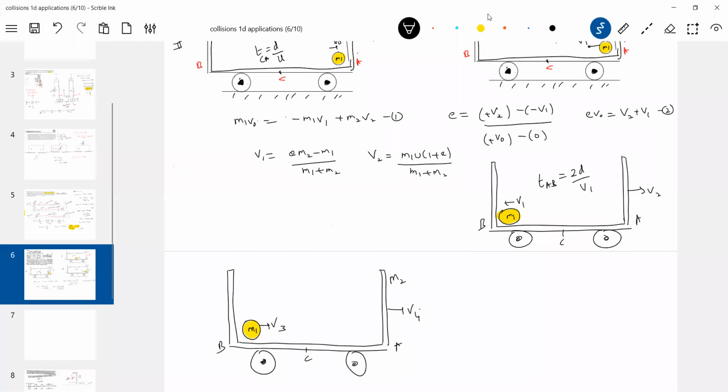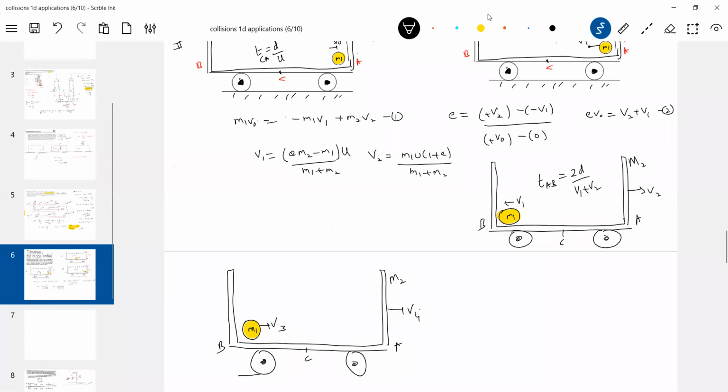It should be V1 plus V2. Sir, V1 should be (M2 minus M1) into U by (M1 plus M2). V1 is (M2 minus M1)... okay, one U is missing here.